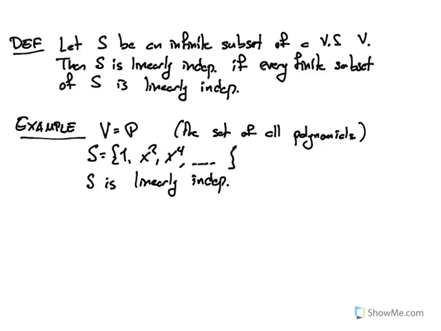So for instance, if you take the set of all polynomials and then you take all the even powers, then recall that span S is the set of all even polynomials. And it's obvious in this case that S is a linearly independent set, because if you take any finite subset of S, then clearly that's a linearly independent set. And then directly by invoking the definition, you see that S itself is linearly independent.